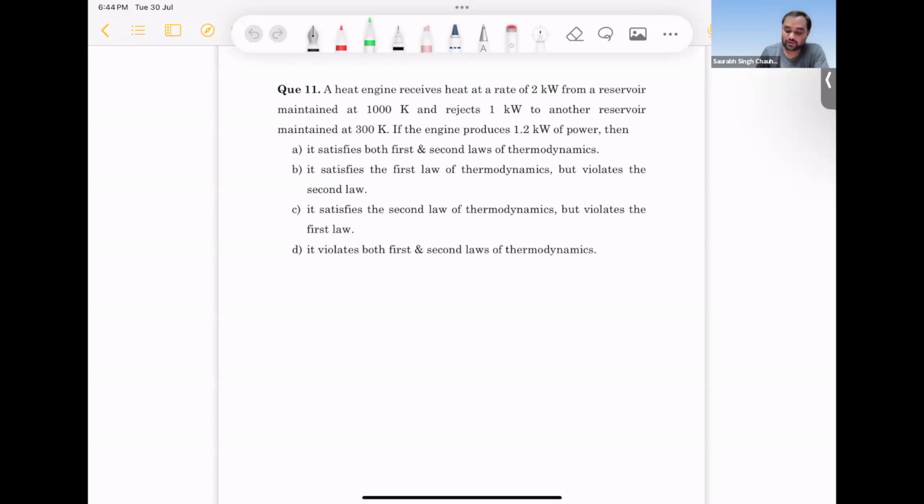It is receiving 2 kilowatt from a reservoir that is at 1000 Kelvin, and it is rejecting heat at the 300 Kelvin sink.